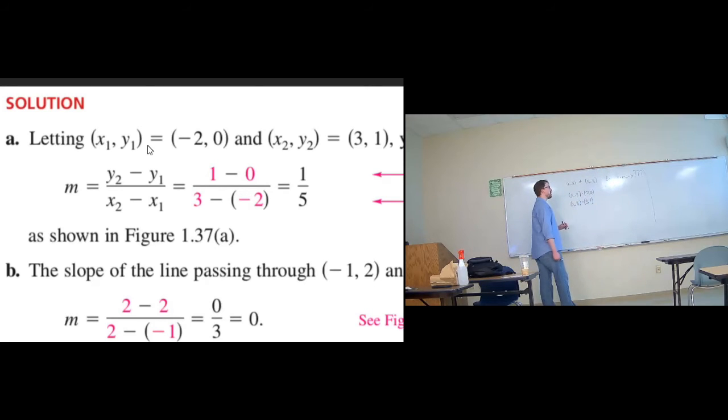We've already found, going through this process, that m, our slope, is equal to 1/5. We know that because it's just the change in y over the change in x.